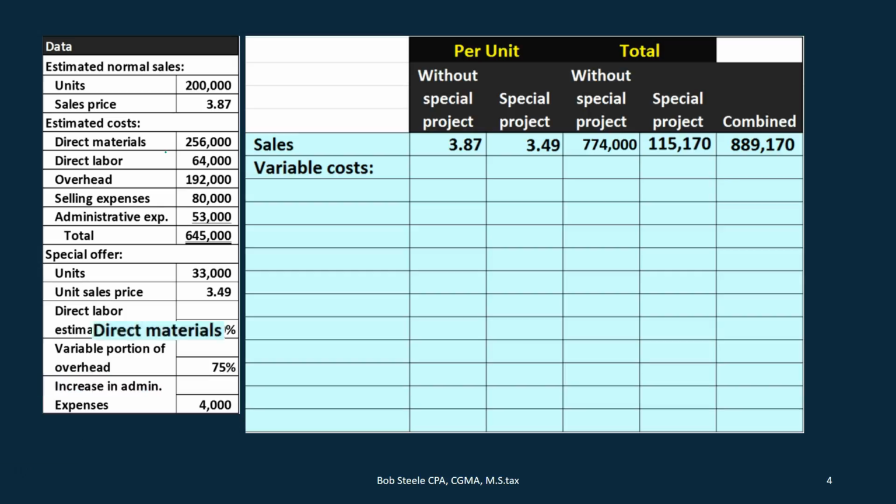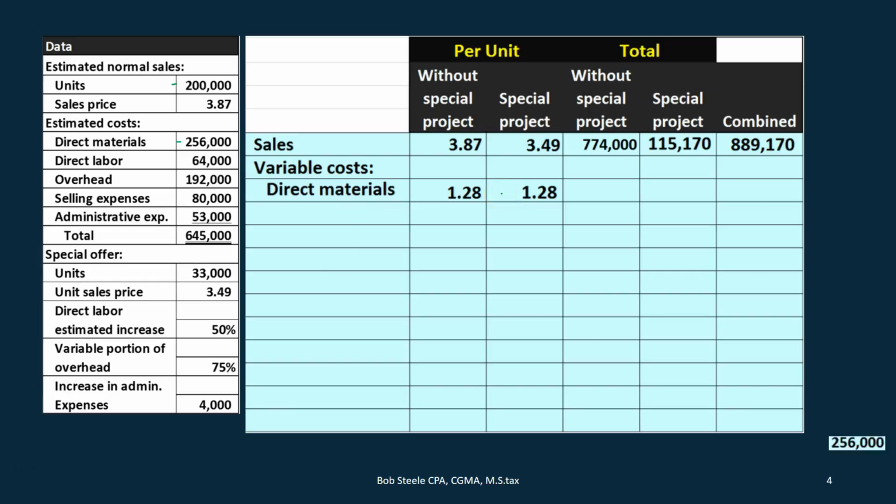So we're going to say the direct materials, we're taking this 256,000 divided by 200,000 units. Because they change with the level of production, we get the 1.28. So 1.28 per unit. That's going to be the same for the new offer. So we're going to make 33,000 more units. It's still going to cost us 1.28.